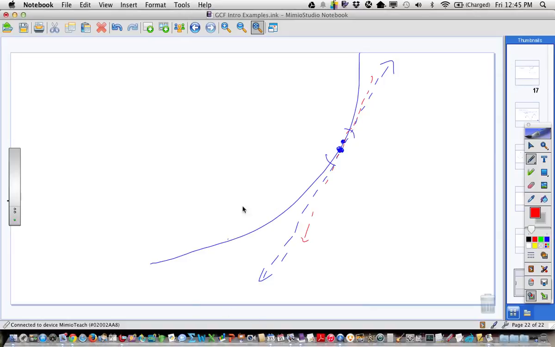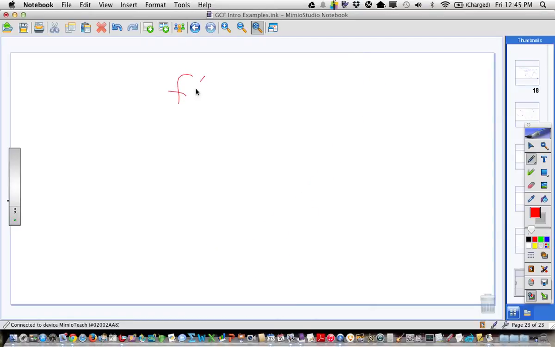So I want to make sure everybody understands that this is a really important formula for us right here. This is the slope between 2 points. We're not going to be using y2 minus y1 over x2 minus x1. We want to use function notation. This is the slope formula in function notation. Okay?